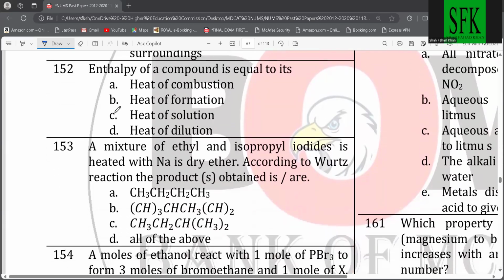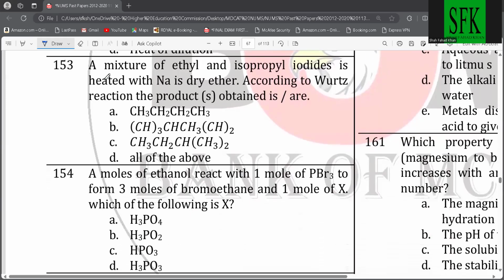Then enthalpy or energy is constant. Energy is a constant over there. Okay, enthalpy of a compound is equal to its enthalpy of combustion, because that is how a compound can release all of its energy.